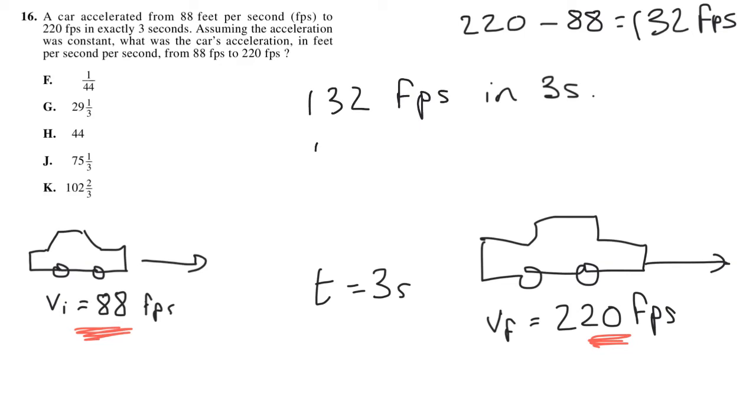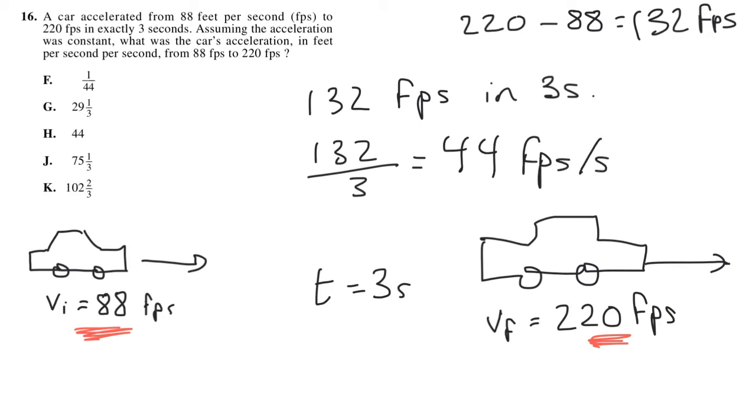So we would do 132 divided by 3 equals 44 feet per second, or 44 feet per second squared, which means that every second the car was picking up 44 feet per second.